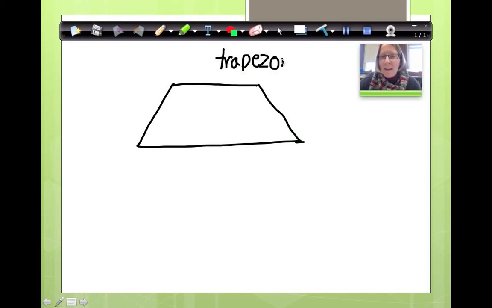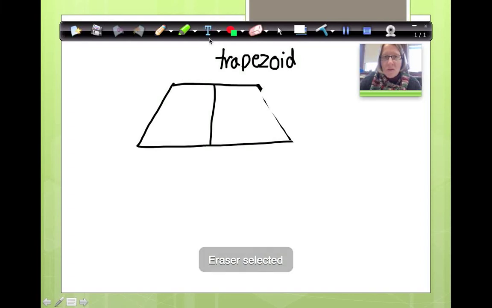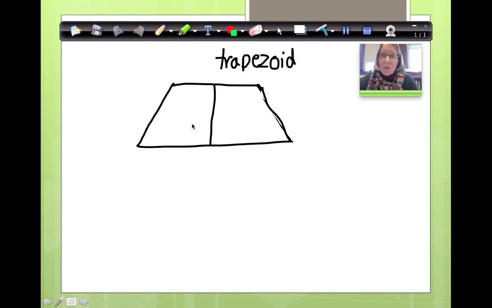Trapezoid. This is a trapezoid. Okay, now watch as I cut it. I cut the whole. Now, I tried to draw it equal. I wanted the sides to be equal. What do you notice right now? Do I have 2 equal sides? Pretty much. I've cut it into halves.